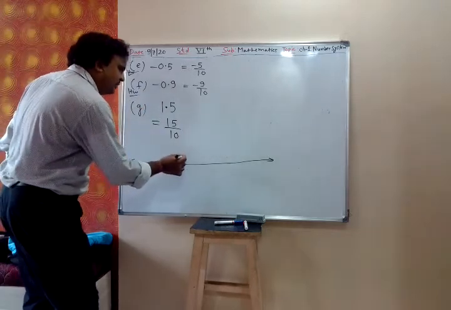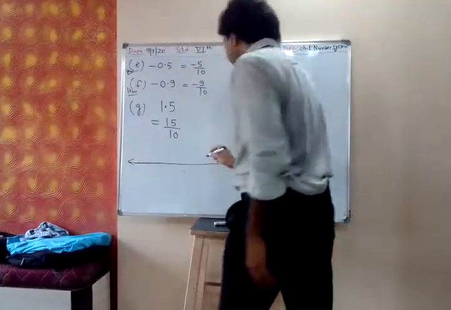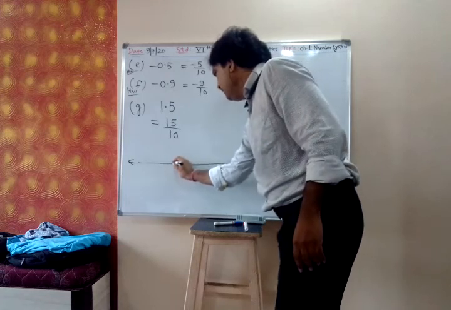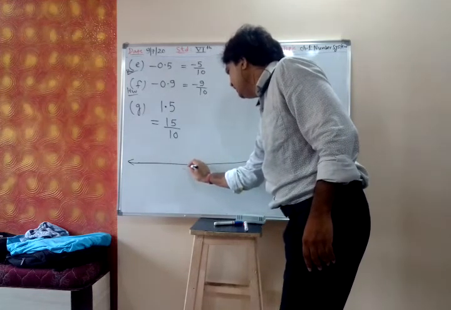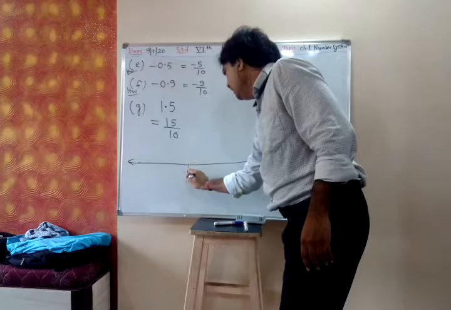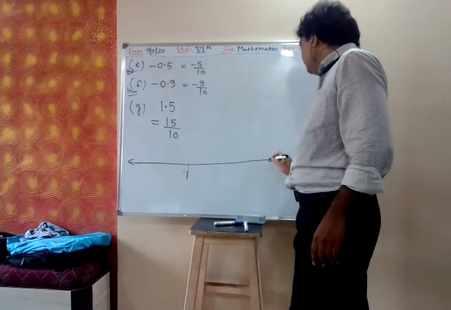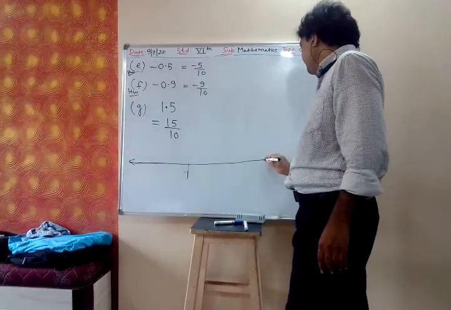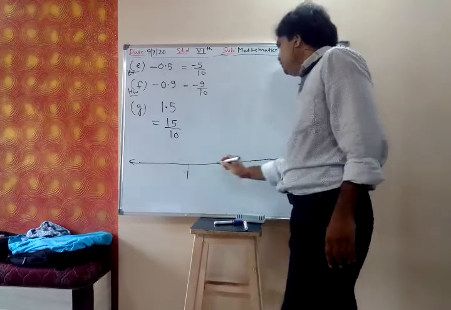So you will divide the number line between 1 and 2 into 10 equal parts. So this is 1.